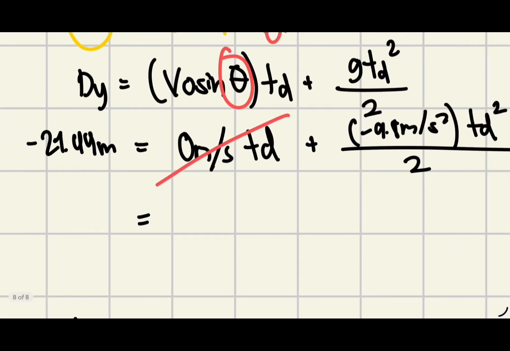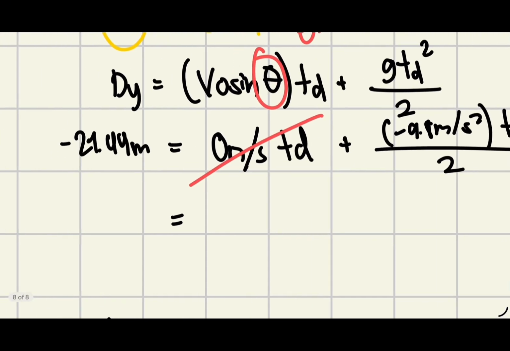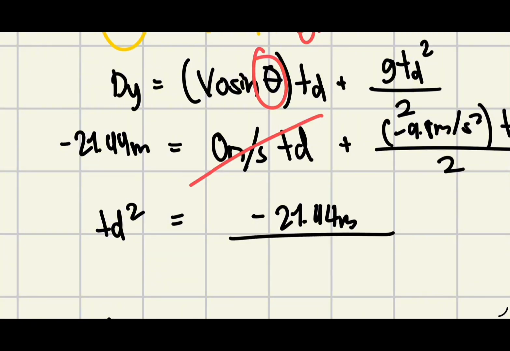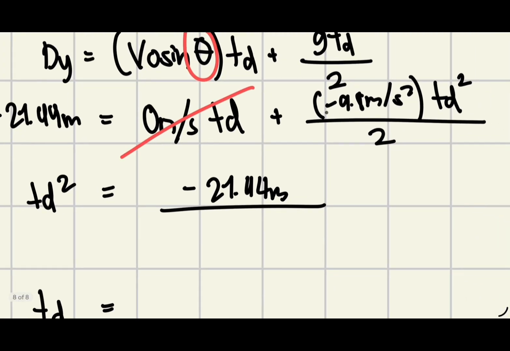Then we isolate t of down. So we have t of down squared is equal to negative 21.44 meters all over negative 9.8 meters per second squared divided by 2, that is negative 4.9 meters per second squared. Then we cancel our units.